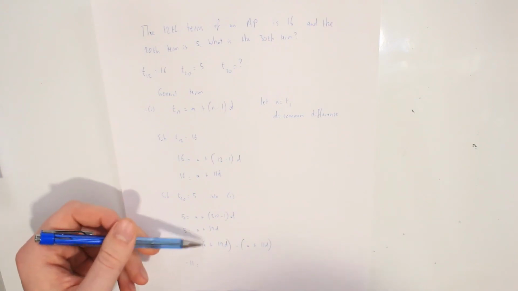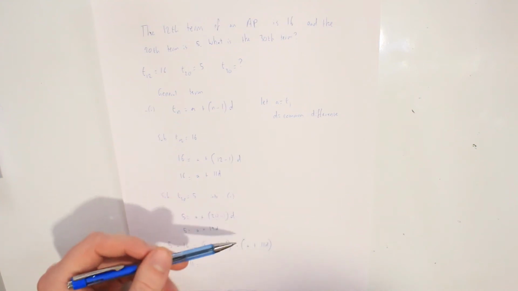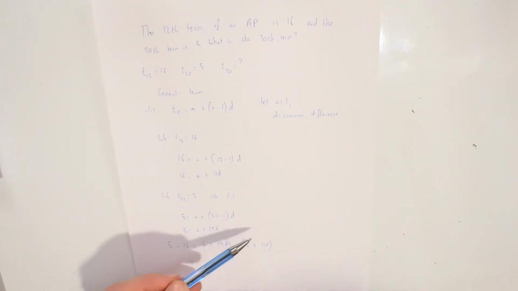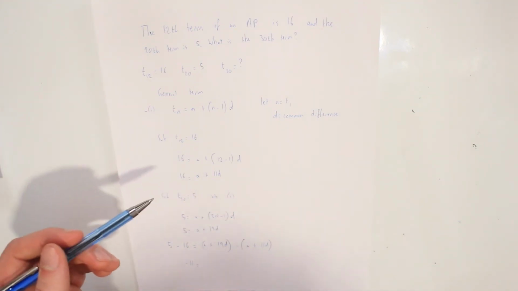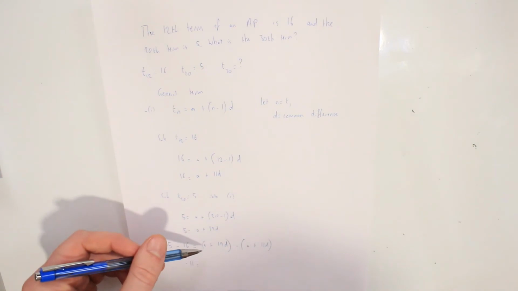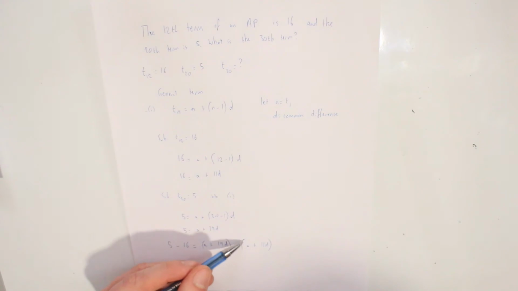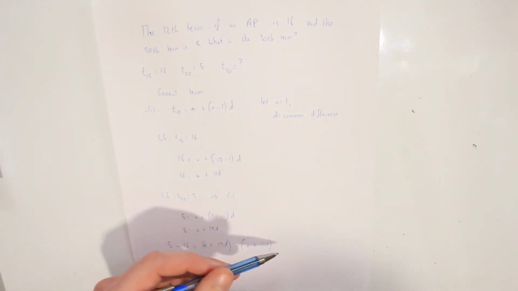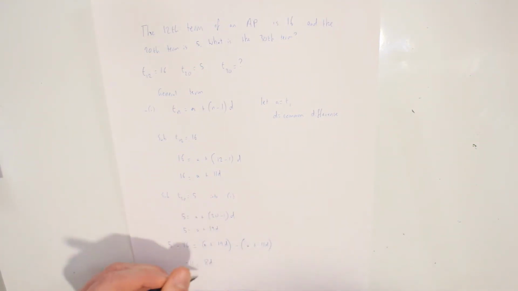A minus A over here, what this is essentially saying is negative 1 times A and negative 1 times 11d. I won't go into all the simplification, but we can say that A minus A will cancel, and then 19d minus 11d is equal to 8d.